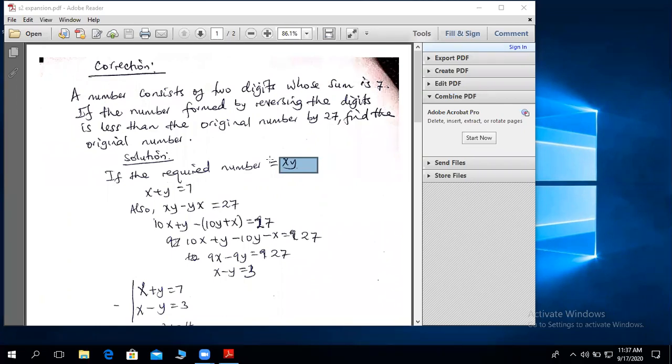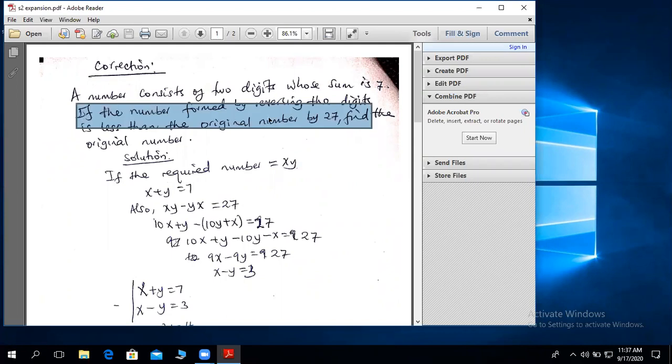So the required number is xy, but the question says the sum of the two digits is 7. It means when I get x and I add y, I get 7. That's what it means. Sum means addition. Now I go to my second statement.